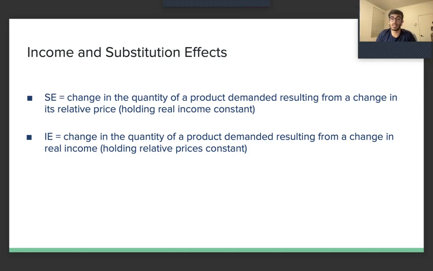The second part of moving down the demand curve comes from the income effect, which is related to the purchasing power of a consumer. If the price of coffee falls, a consumer who buys coffee has more purchasing power with the same amount of income. Let's say I have $10, and a pack of coffee was initially $10, and now it falls to $5.